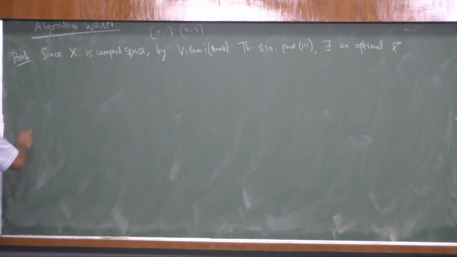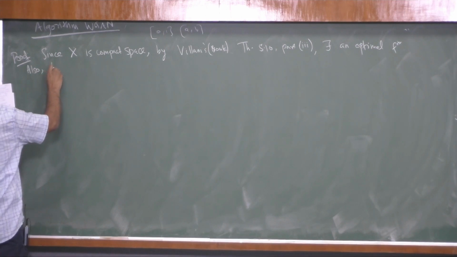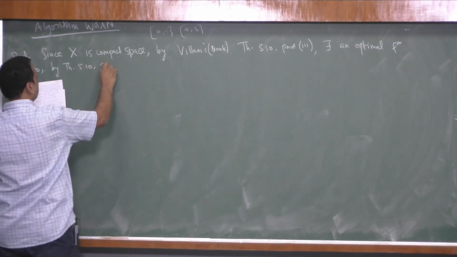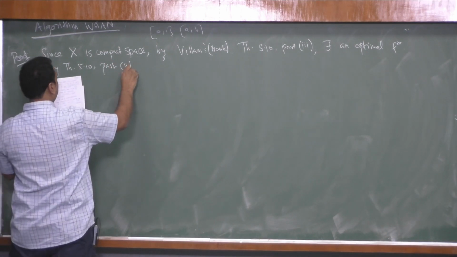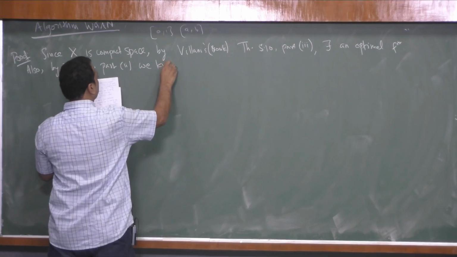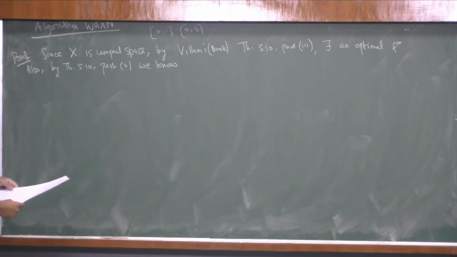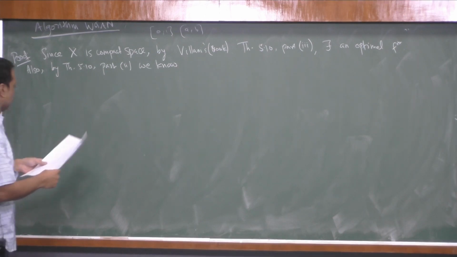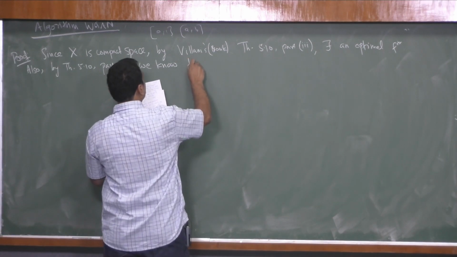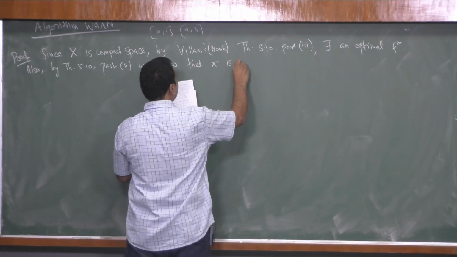And also, by the same theorem 5.10, by part 2, we know that pi is an optimal coupling. These are the things we have to refer to, because we can't go too much into them.